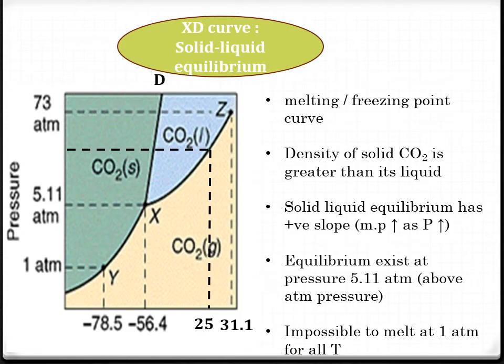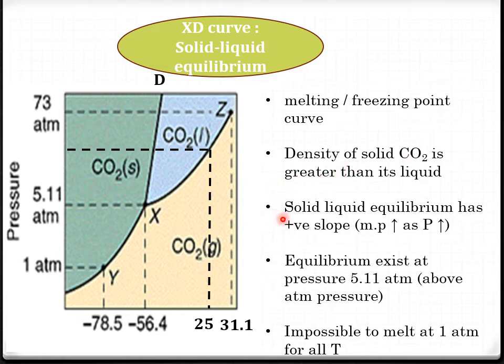I would like to refer to the XD curve, which is solid-liquid equilibrium. This XD curve indicates the melting and freezing point curve. The density of solid carbon dioxide is greater than its liquid.